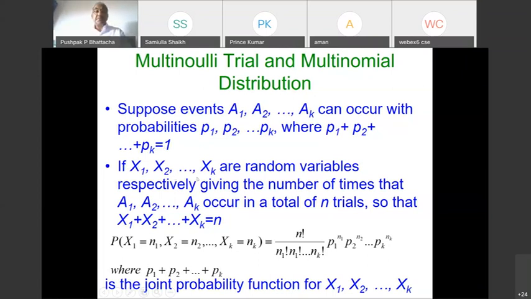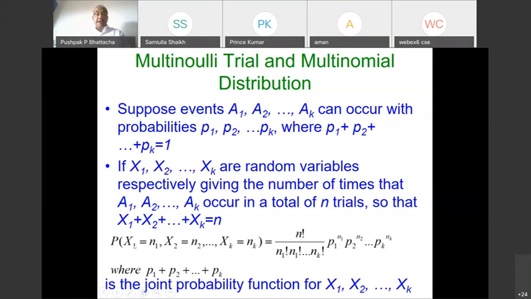So if X1, X2 up to Xk are random variables respectively, giving the number of times that A1, A2 up to AK occur in a total of n trials, so that X1 plus X2 up to Xk equals n, then the probability of X1 being n1, X2 being n2, Xk being nk is equal to n factorial divided by n1 factorial, n2 factorial, nk factorial, times P1 to the power n1, P2 to the power n2, Pk to the power nk. So let us not be scared by this kind of probability expression. It is intuitively very simple.